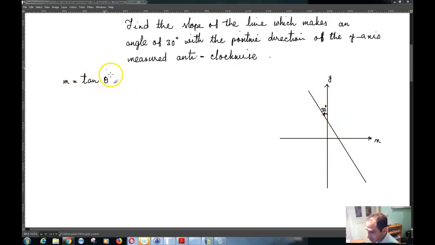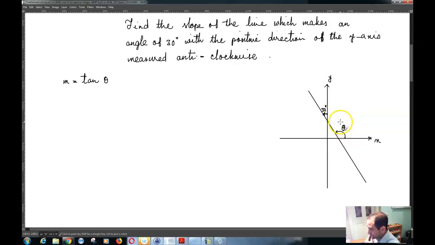But theta in this formula is the angle that the line makes with the positive direction of the x-axis, measured in an anti-clockwise direction, meaning that as far as this formula is concerned, your theta is this angle. So somehow you need to figure out what this angle is.